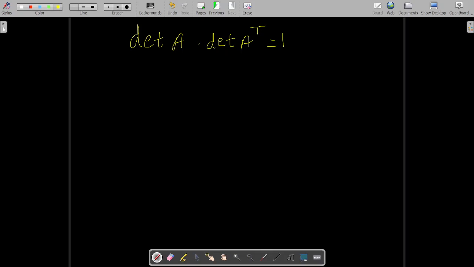Now you know this very well, that determinant of A transpose is equal to determinant of A. You must know this. This is a 12th class concept. If you were in CBSE class 12th, it must have been in your syllabus.